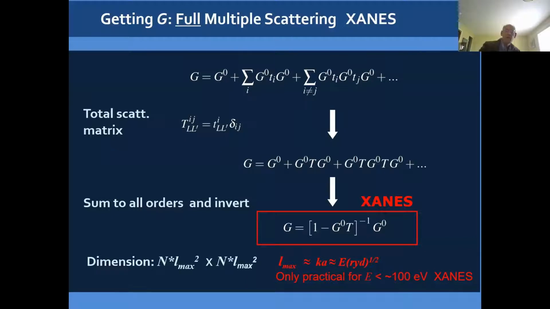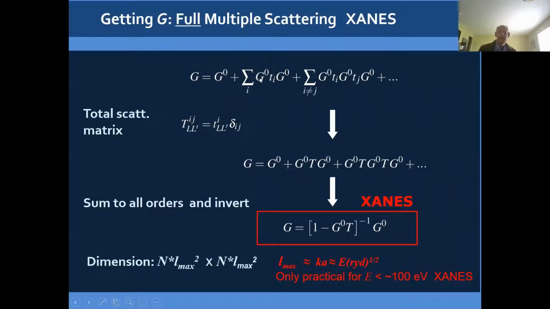Okay, well, it turns out that this multiple scattering theory, I'll just go over it briefly, consists of all possible ways that an electron can go from the origin where it's created and back again. So these paths are represented by Green's functions. So this is the path where it just stays in the atom.